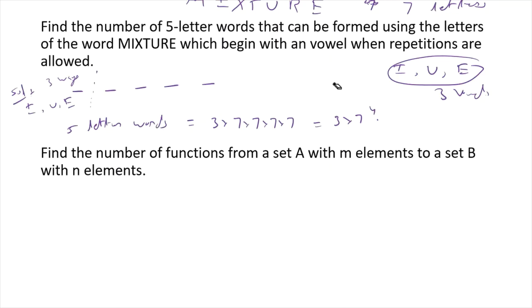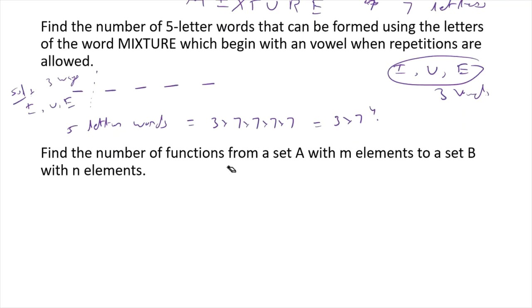Therefore, the total number of 5-letter words that can be formed using the letters of the word mixture, which begins with a vowel when repetitions are allowed, is equal to 3 times 7 raised to 4. So, I encourage the students to write the final statement like this. The final statement is the total number of 5-letter words that can be formed using the letters of the word mixture, which begins with a vowel when repetitions are allowed, is equal to 3 times 7 raised to 4.